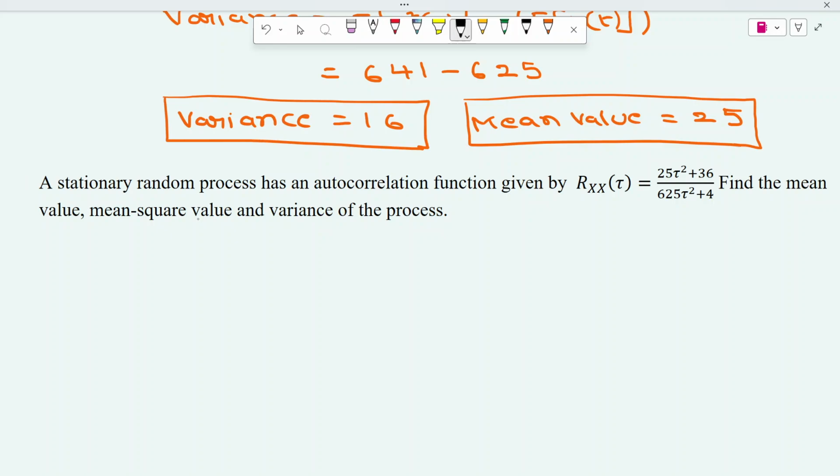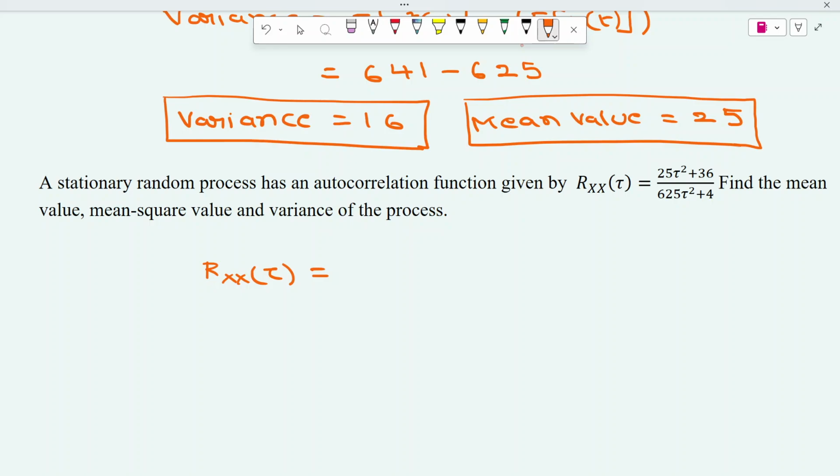So here, for the given autocorrelation function, we will divide both numerator and denominator by tau square, so that tau will go into the denominator. For finding the mean value we have to substitute tau equal to infinity.